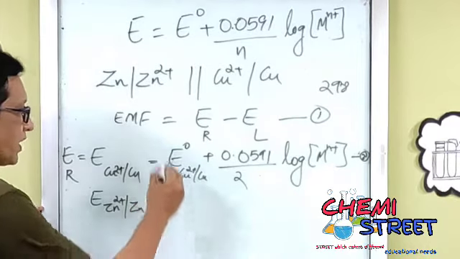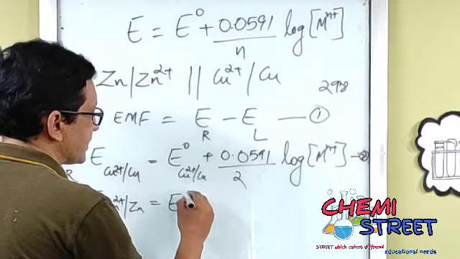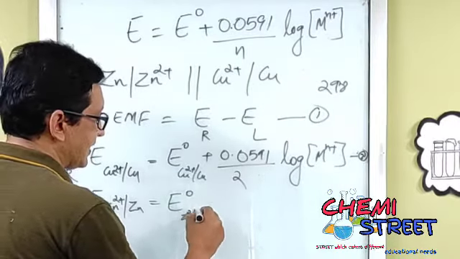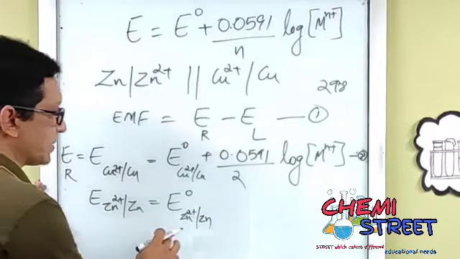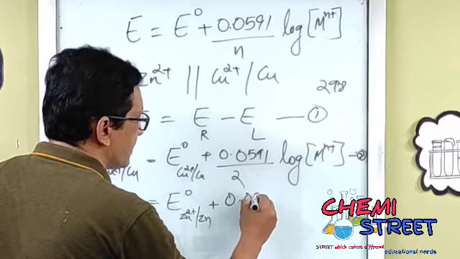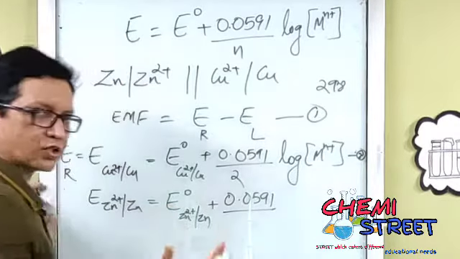Here you are applying the same equation, that is E0, the standard reduction potential of zinc, that is the theoretical reduction potential of zinc, plus 0.059 by 2. How many electrons are transferred?